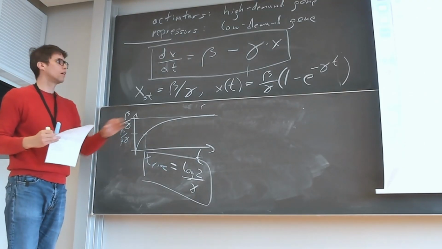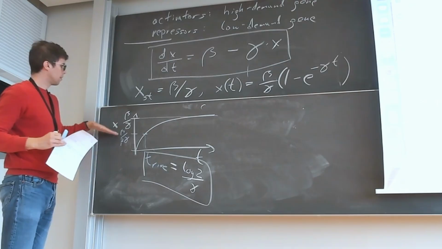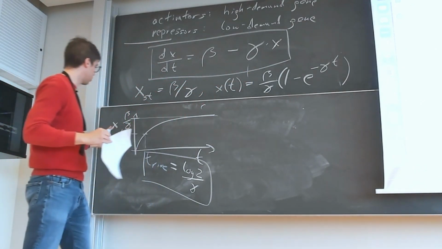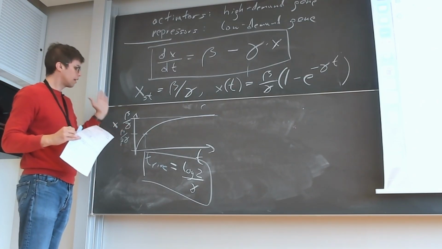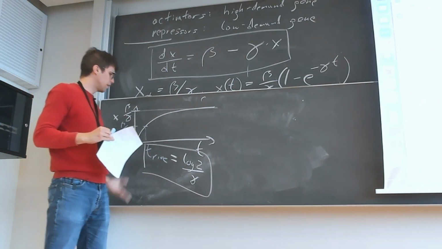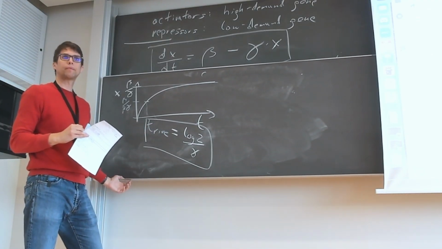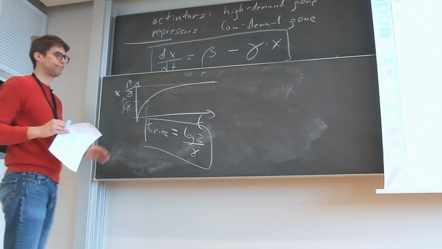We're independent of the production rate beta. That does make sense because beta here sets the steady state, and we are measuring the time until we get half of the steady state. So it cancels out, and we get only something that is a function of gamma. If we turn up gamma, the rise time gets smaller.